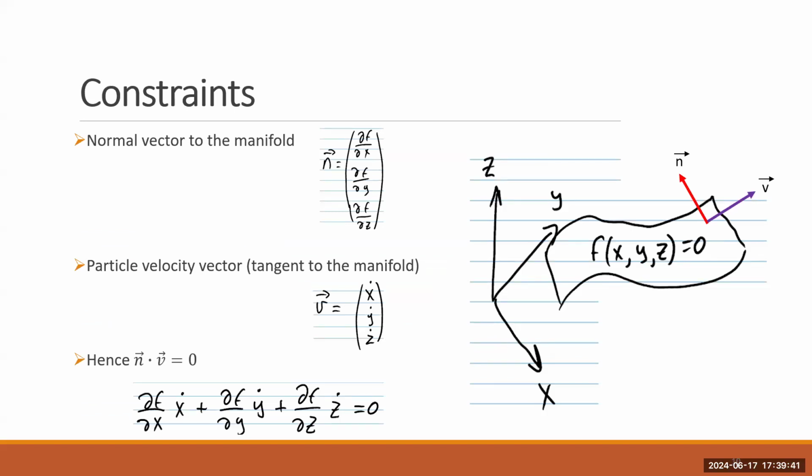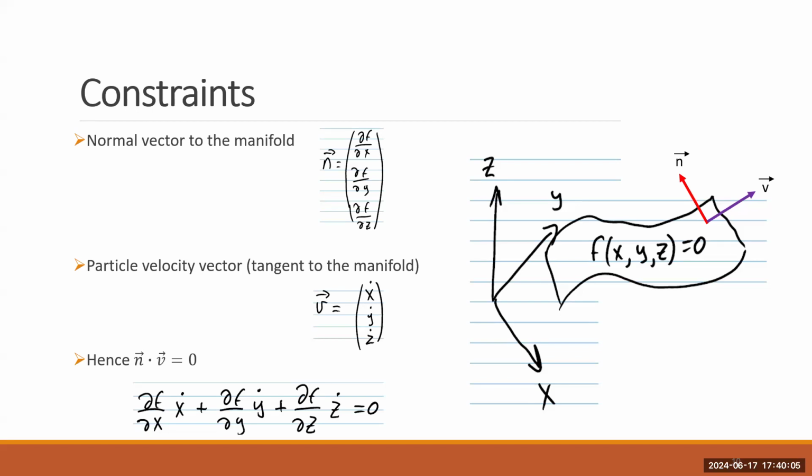So when I look at the constraint, I again go back to the example that I did before. I have a 3D space, x, y, z, and I have a constraint f of x, y, z equals 0.